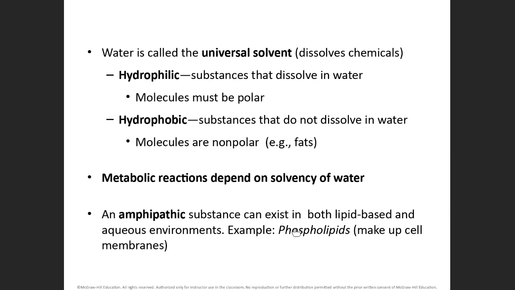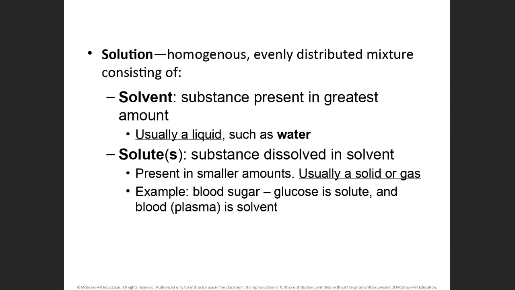The best example for us in physiology of an amphipathic molecule, which we're going to go into detail with in chapter 3, is called a phospholipid. We will talk a little bit about phospholipids in this chapter, like the basic structure of a phospholipid. You should definitely know that this is a real popular example of a substance that's amphipathic. That means it can exist in both water-based and fat-based environments.